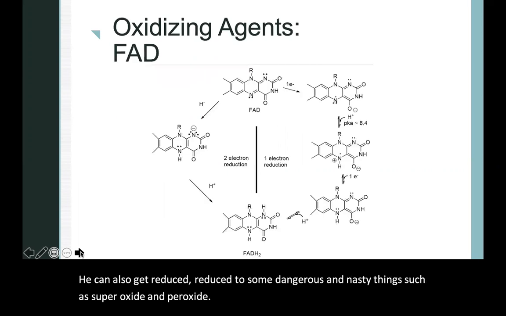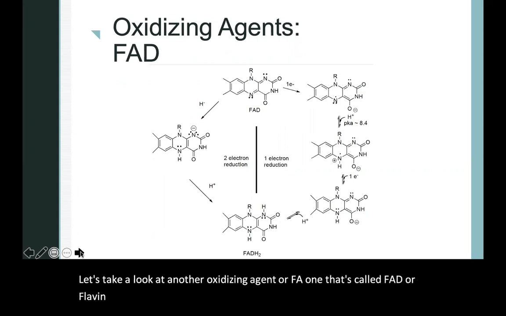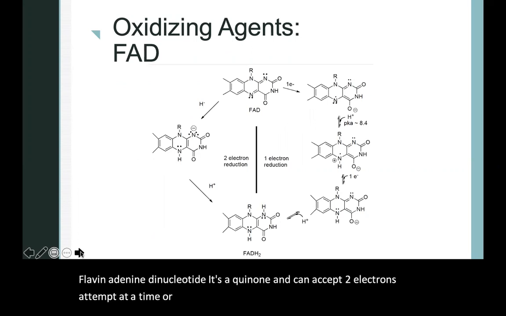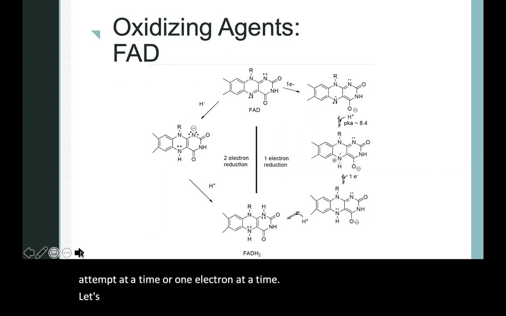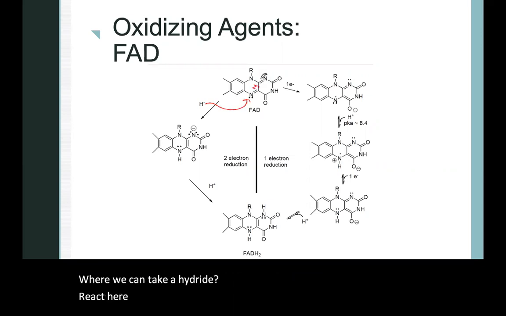Let's take a look at another oxidizing agent, one that's called FAD, or flavin adenine dinucleotide. It's a quinone and can accept 2 electrons at a time or 1 electron at a time. Let's take a look at the 2 electron mechanism first, where we can take a hydride, react here, electrons flow up and all the way up to the nitrogen.